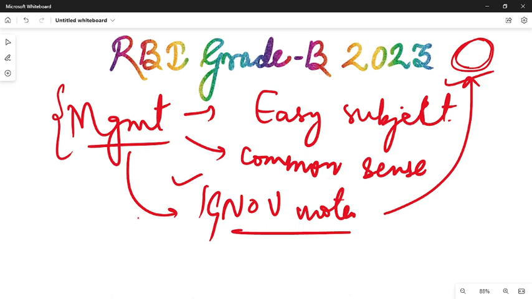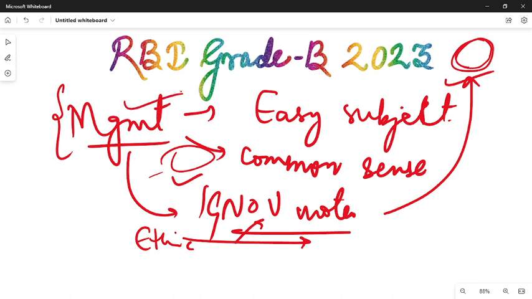And for business ethics, I basically relied on the IGNOU notes too, and I watched some YouTube videos as well, just to get the gist. You can also do the same. If you think some topic is not very easy for you to understand, just go to YouTube and search for that topic. If you find any lecture, be it from NPTEL or any other professor teaching that particular subject of management, you will be able to understand the basics, and after that you can move on to the IGNOU notes, just to refresh that memory and revise everything you have studied.